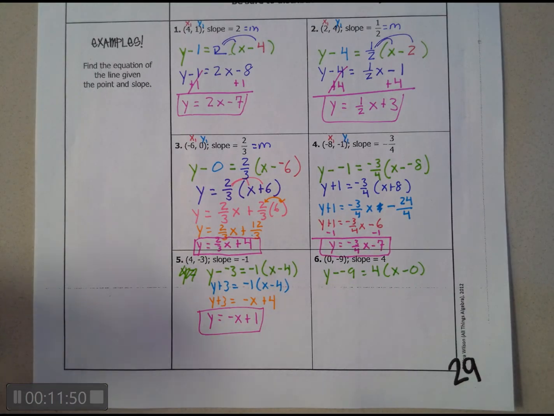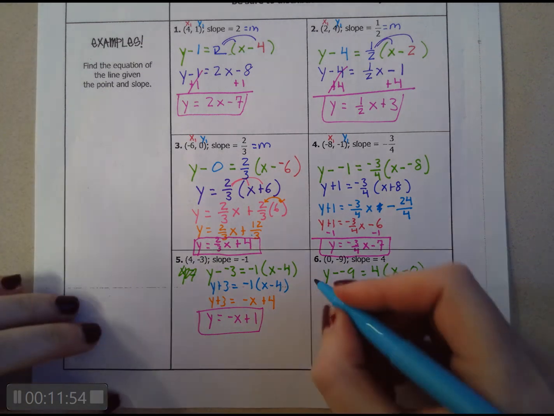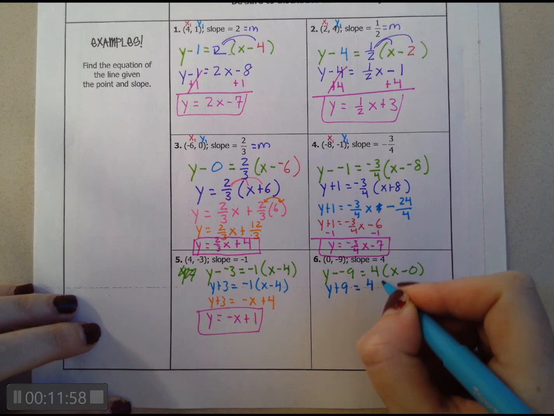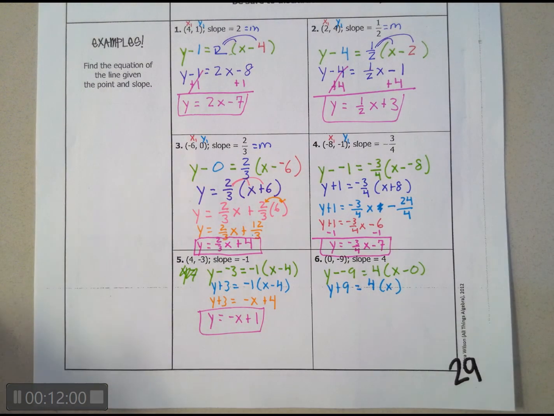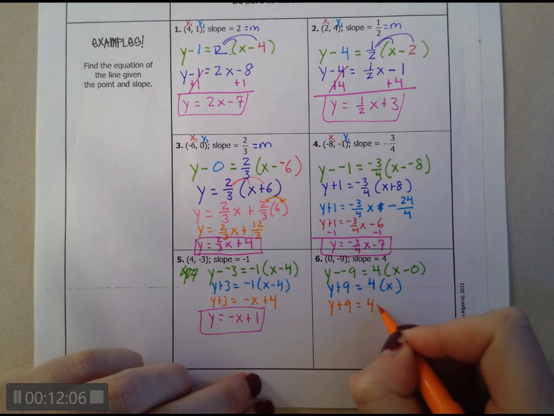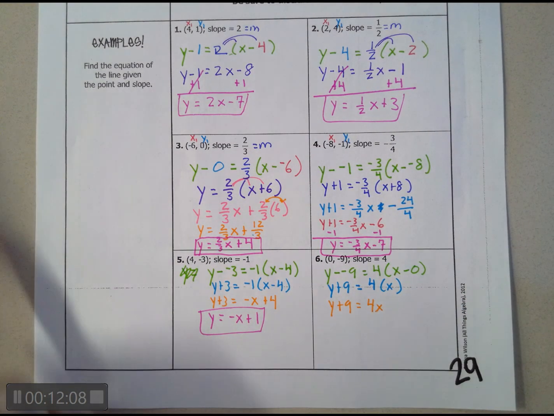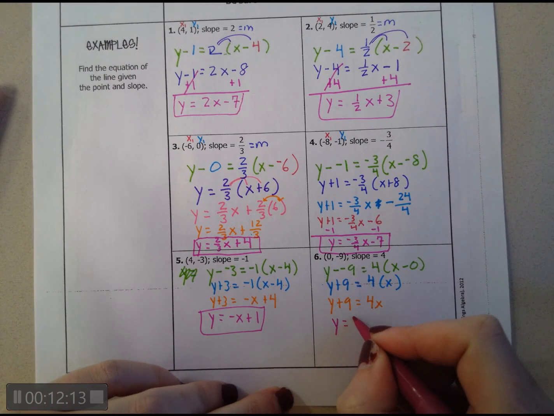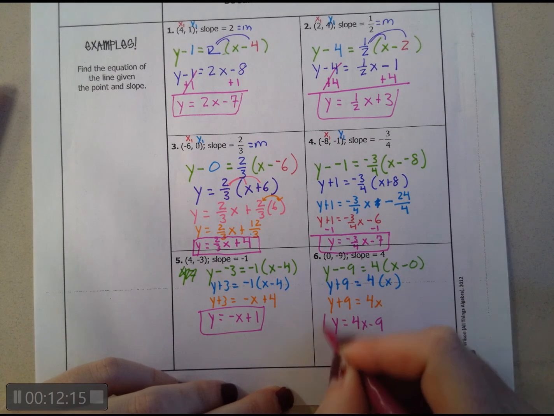Oops, sorry. Okay. And then y plus 9 equals 4 times x. Y plus 9 equals 4x. Subtract 9 from both sides. And y equals 4x minus 9.